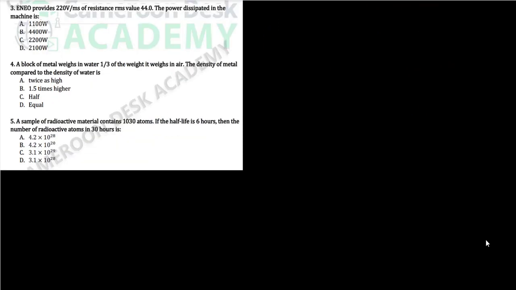Okay, so question number 3 reads: a mains supply provides 220 volts to a machine of resistance RMS value of 44 ohms. The power dissipated in the machine is... So we simply use the expression. The voltage is given and the resistance is given. The question unfortunately does not present the units very well. But the power P is given by V squared divided by the resistance.